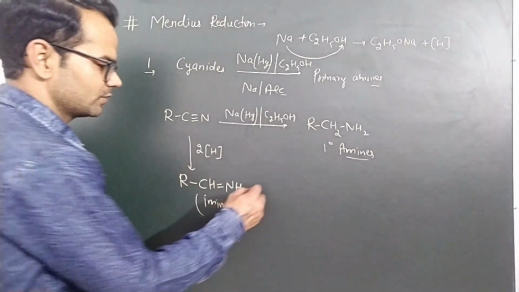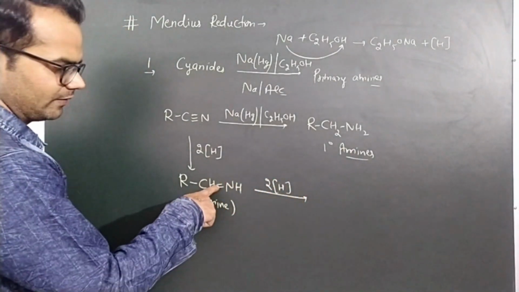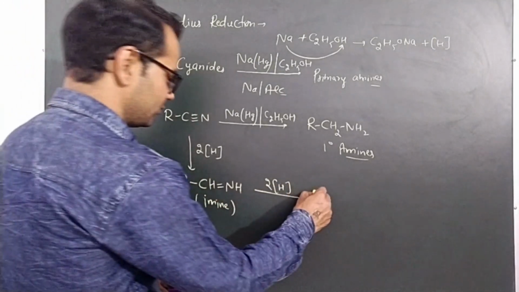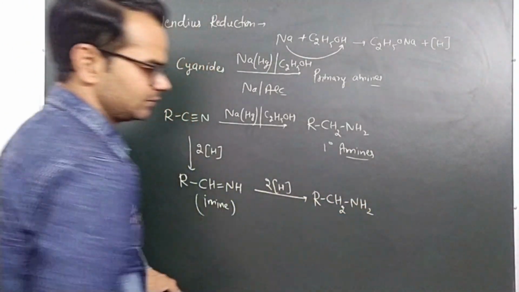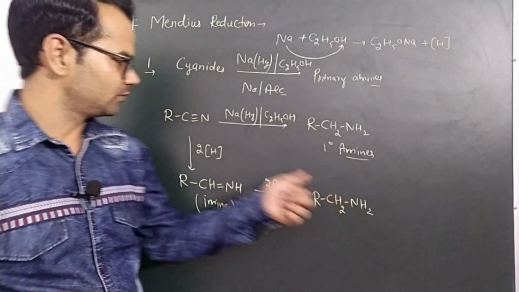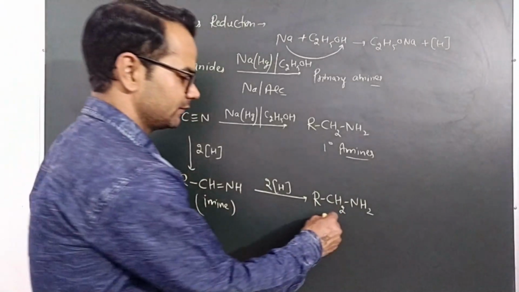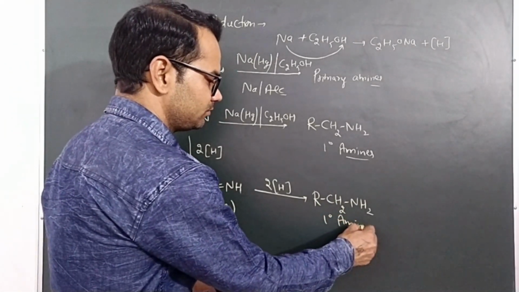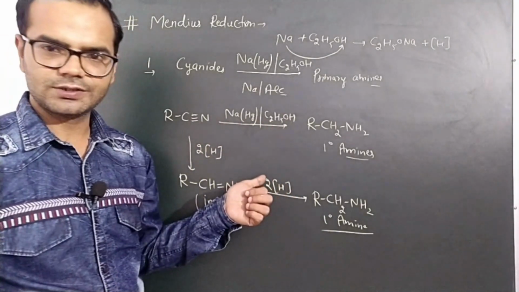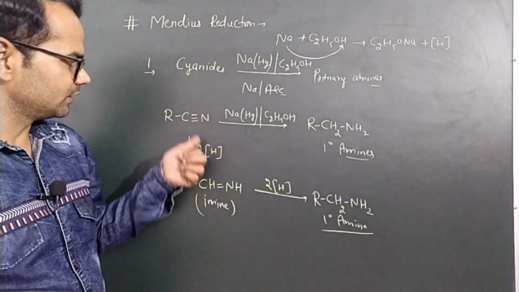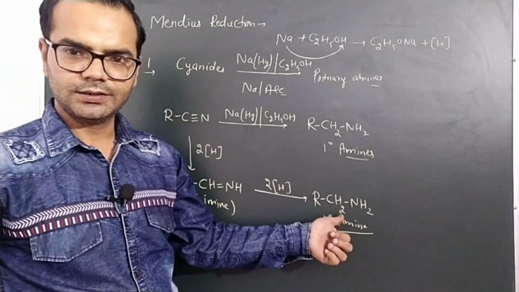It can be further reduced by using 2 nascent hydrogens. This pi bond will break down, and as a result 2 hydrogens are involved. One is given to carbon and one is given to nitrogen. So cyanide to imines, imines to amines. This is a 1 degree amine. So in total we can say 4 nascent hydrogens are used. 2 are used in the conversion of cyanide to imines, and 2 are used in imines to 1 degree amine.